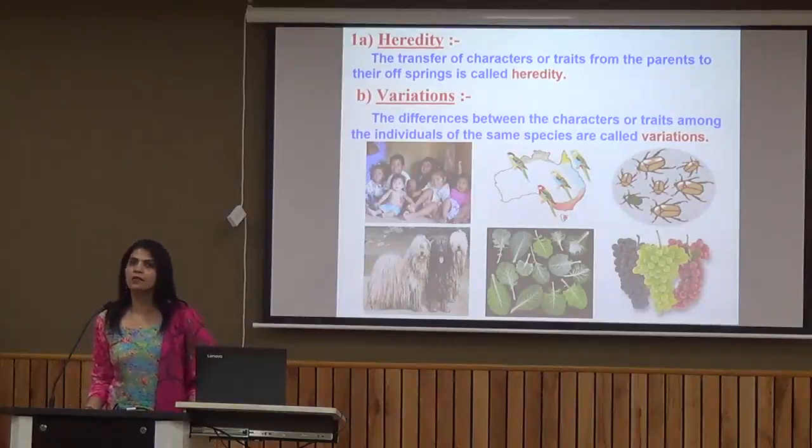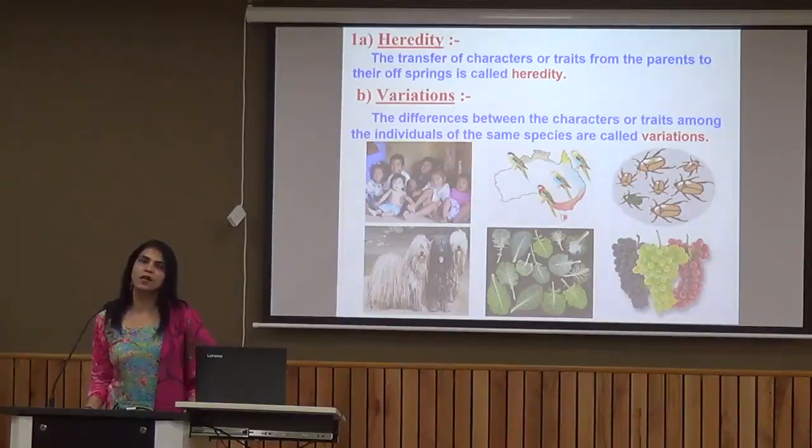Apart from that, in this chapter we are also going to study phenotype and genotype. Phenotype means the external appearance of an organism, how that particular organism looks, or we can say physical property as we do in chemistry.